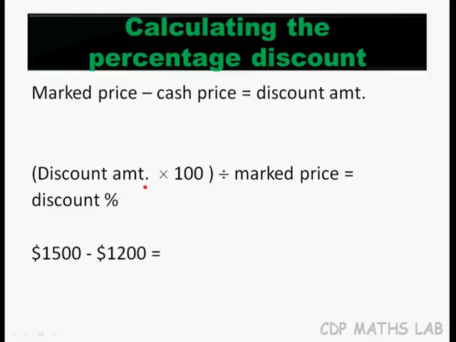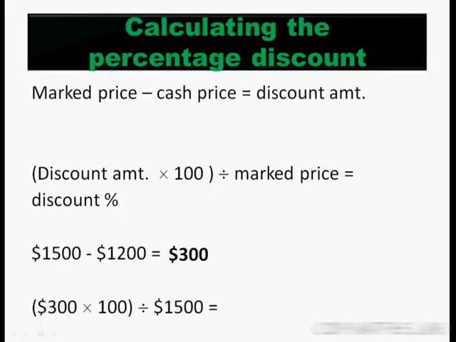Good. So watch this now. We know that the marked price was $1,500, and we know that the cash price is $1,200. So the discount amount was obviously $300. Now, what we're going to do with the discount amount? Multiply it by 100. See that? This is the discount amount multiplied by 100.